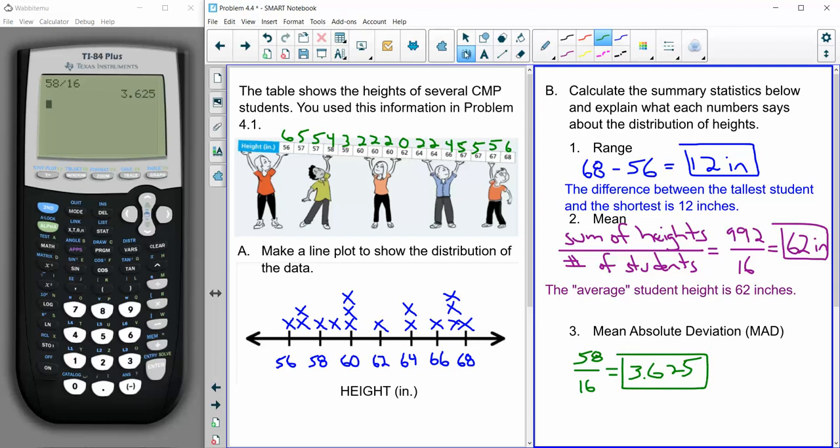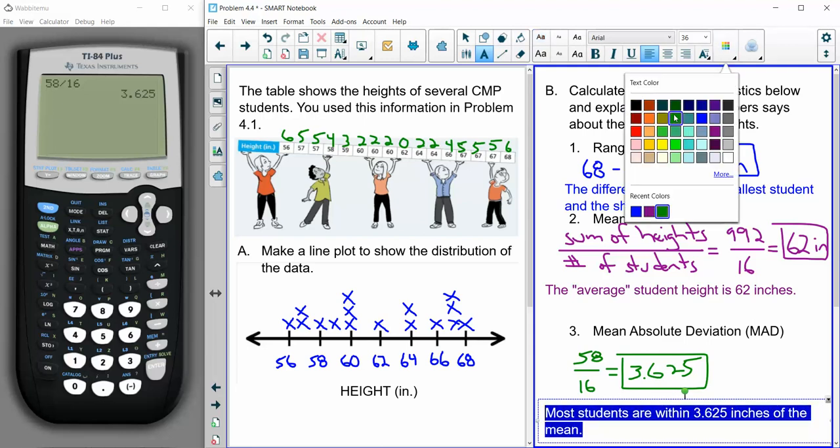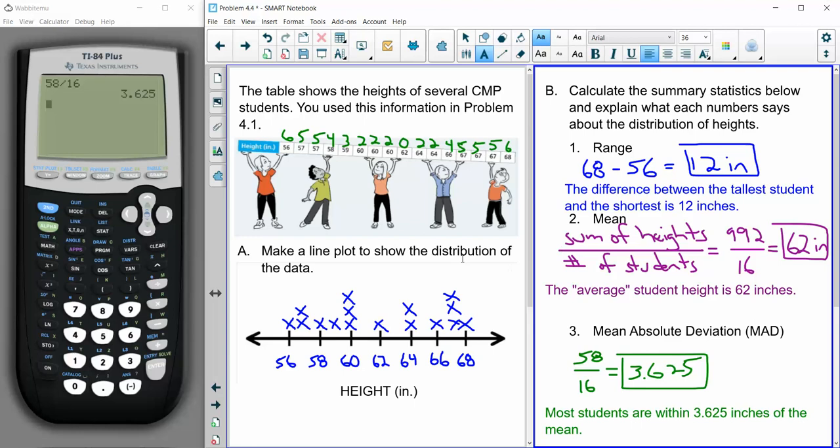So, and let's put this explanation. Most students are within 3.625 inches of the mean. That's kind of what that means. So this is how far away the students are from the mean, shortest person and the tallest person, 6 inches away.